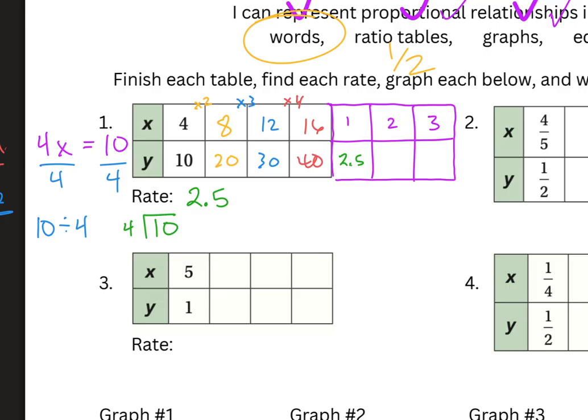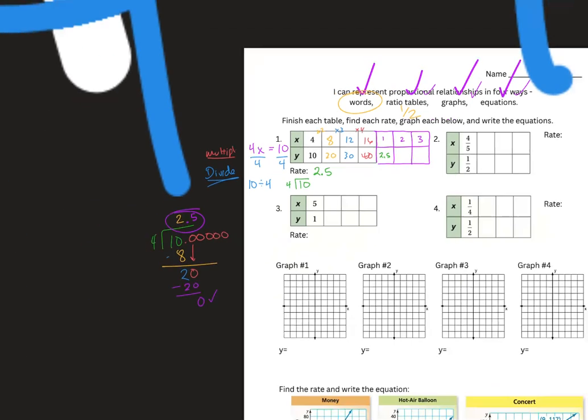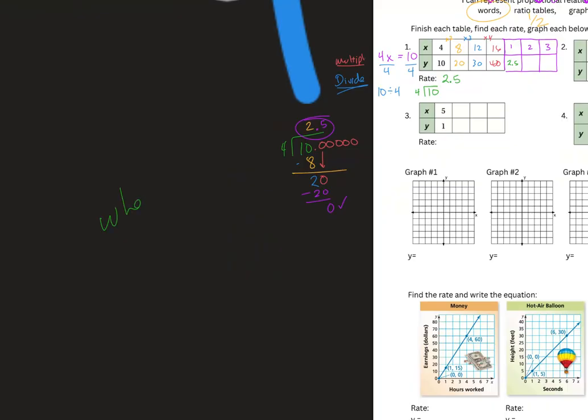There's a hidden concept in here that when x equals 1, the y equals the rate. So we already knew that the rate is equal to 2.5.